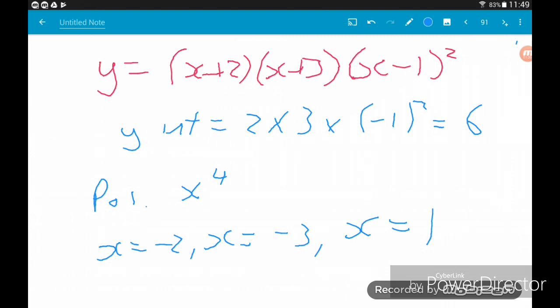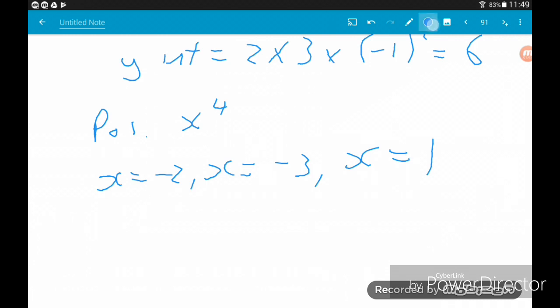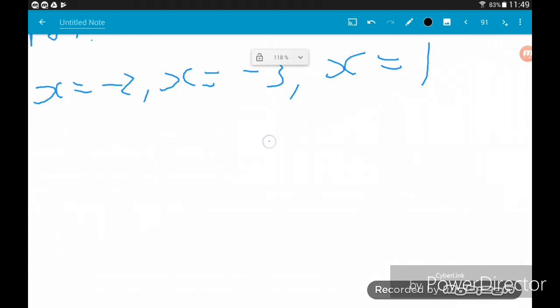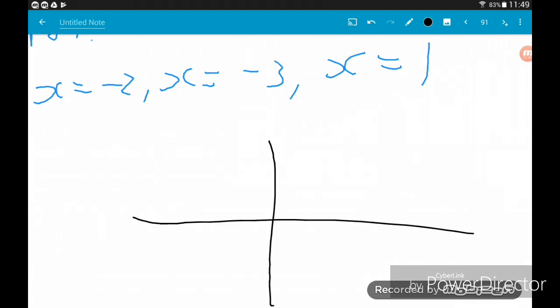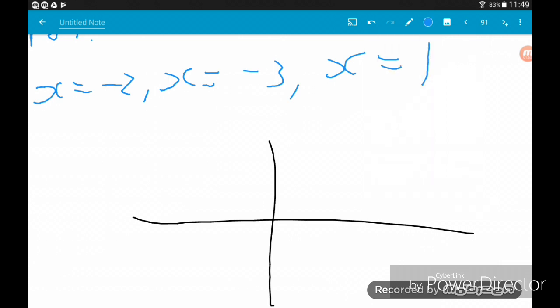So what's going to happen there? The graph is going to touch the x-axis at 1, but not cross. So our graph then is going to look something like this. So we're starting in the top left, we cross at x equals -3, and then again at x equals -2.